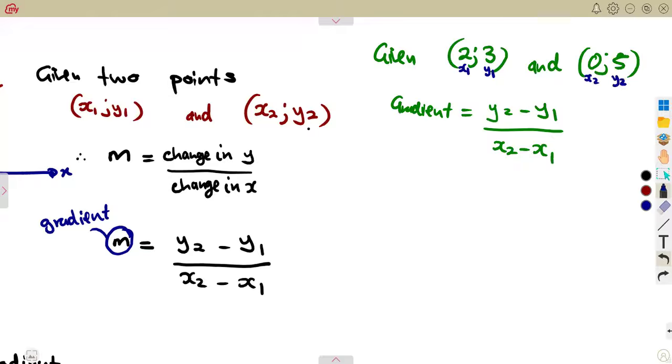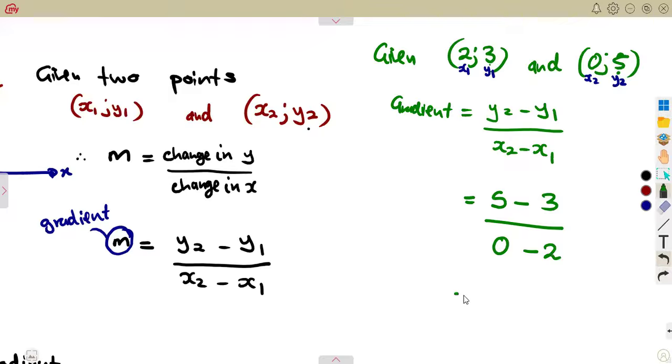So you can substitute the values that you're given. The y value, that is y2, which is 5, minus y1, which is 3. You substitute the y1 value, that's a 3, over x2, that's a 0 there in place of x, minus x1, which is a 2 like this.